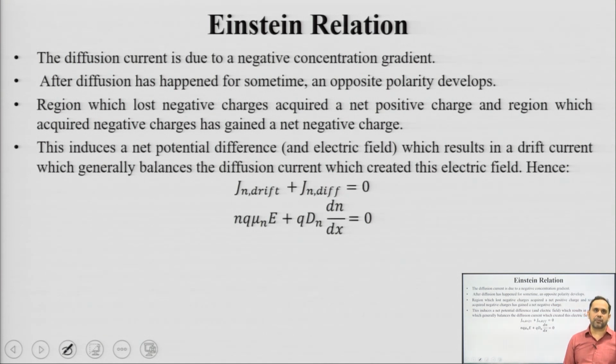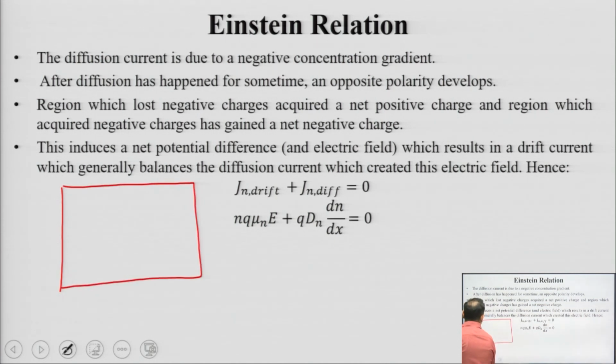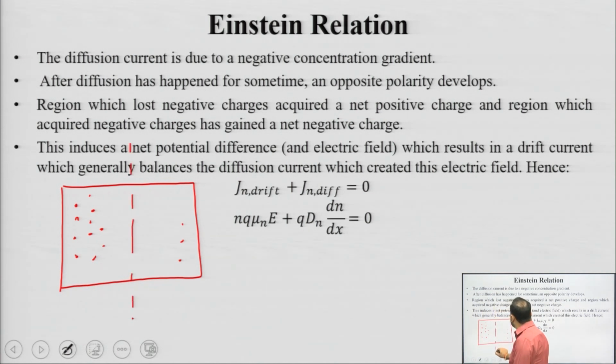After diffusion has happened for some time, see what will happen. Say if you have a region, there are a lot of electrons here and there are very few electrons here. If I draw a cross section across this semiconductor, I can say let us call this region 1 and call this region 2.